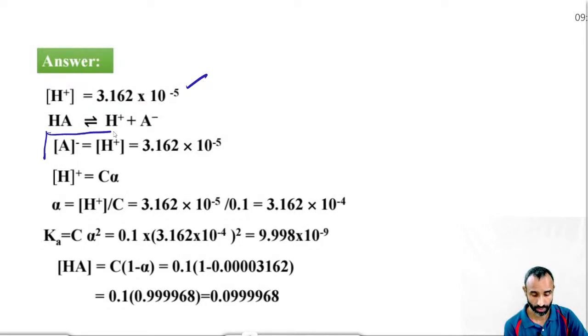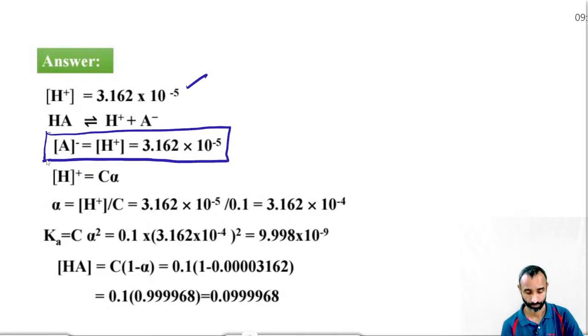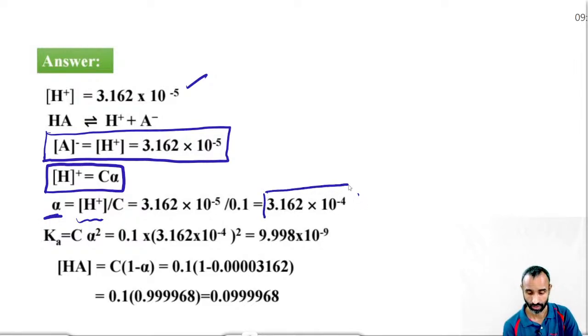So H plus concentration and A negative concentration both are equal. H plus concentration is C into alpha, so alpha is H plus concentration divided by C. This is degree of dissociation, and value of Ka is C into alpha square. HA is C into 1 minus alpha.